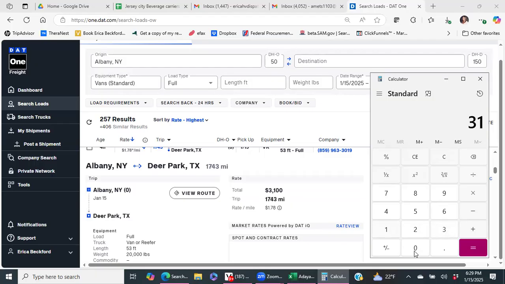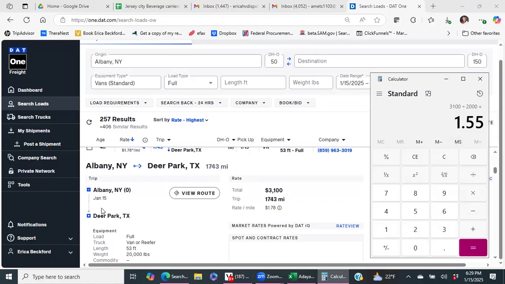So we got $3,100 divided by 2,000 miles. And now your driver is not at $1.78 per mile. He's at $1.55 a mile. That's a big difference. So you want to know your rate per mile and how to calculate it.